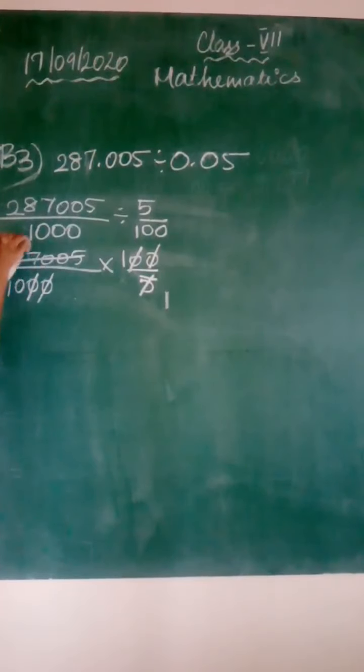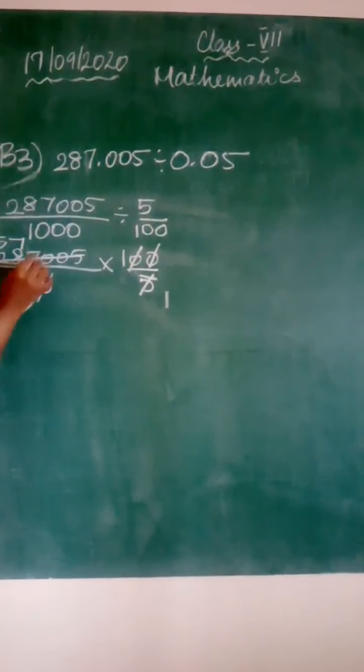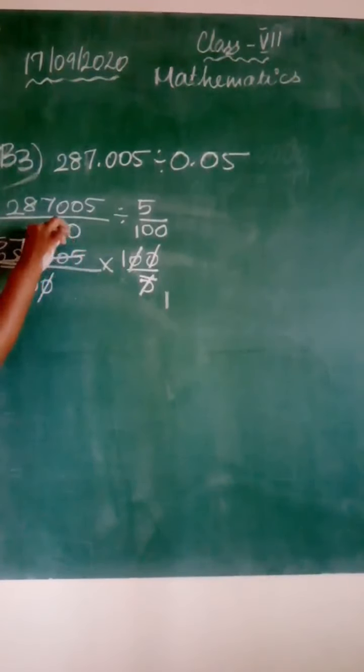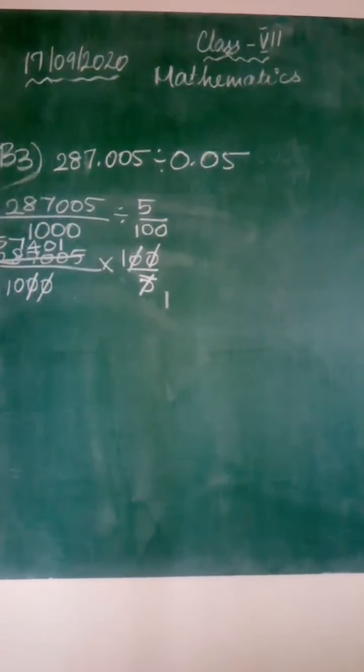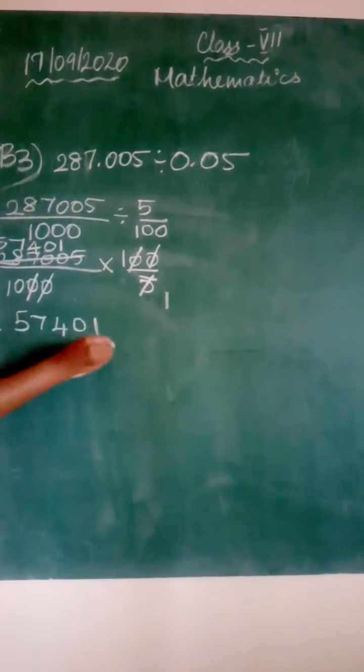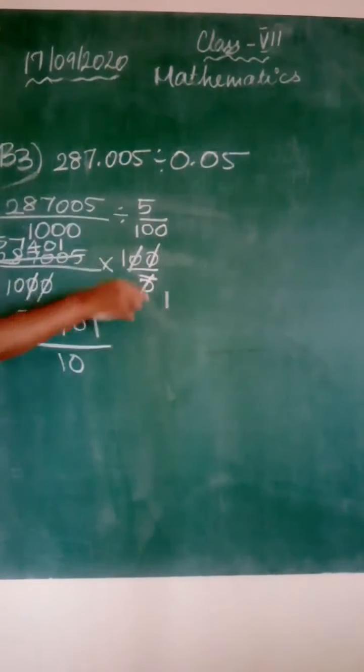Then 7 5s are 35, 2 remaining. So here it is 20, that is 5 4s are 20. Then this 0 as it is, and in place of 5 you will write 1. So you will have 57,401 divided by 10. Is there any number here?